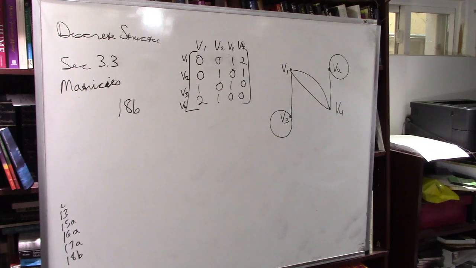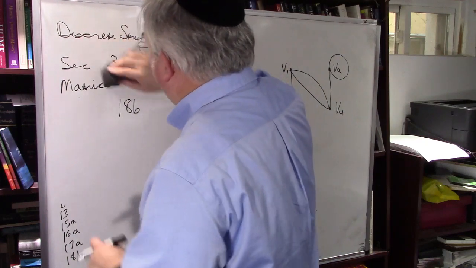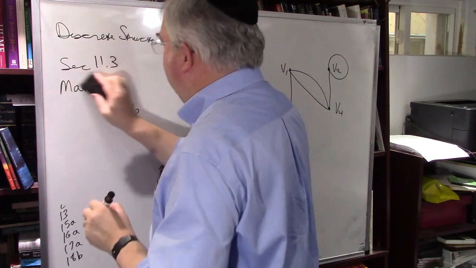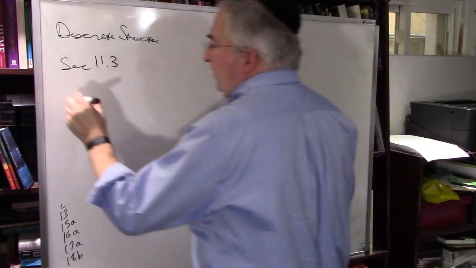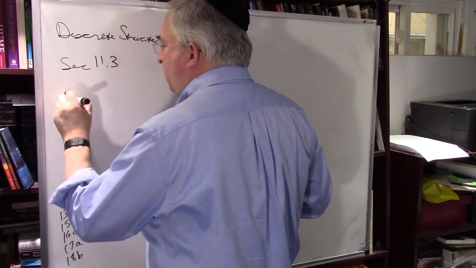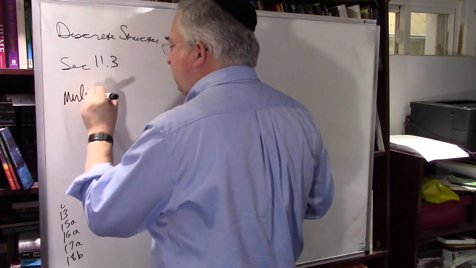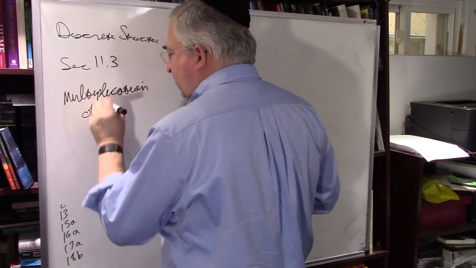So, section 11.3, which is called multiplication of matrices.